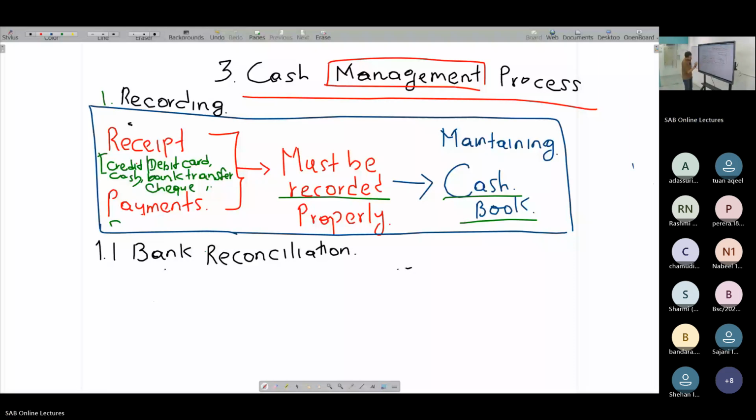The second one is investment of cash surplus.